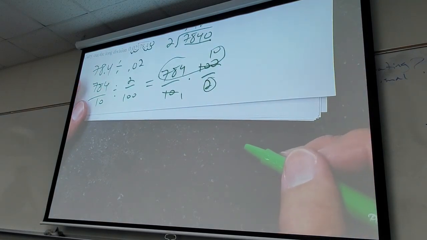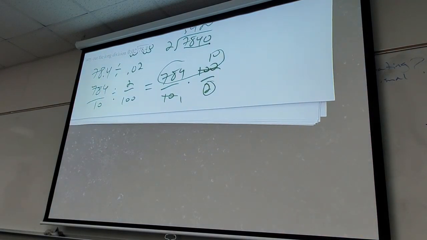You see that? A lot of these algorithms are shortcuts based on longer approaches like this. I was hoping at least one person remembered to move the decimal the same number of places, but at this point you've definitely forgotten why that even works.